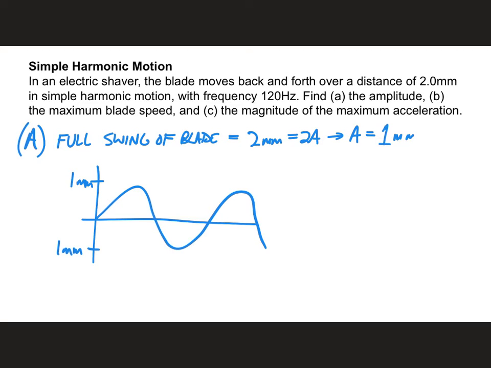All right. So the amplitude is here. This is amplitude. The full swing of the blade is from 1 millimeter to minus 1 millimeter. So just understanding amplitude's always going to be half of the full displacement along a line for something.